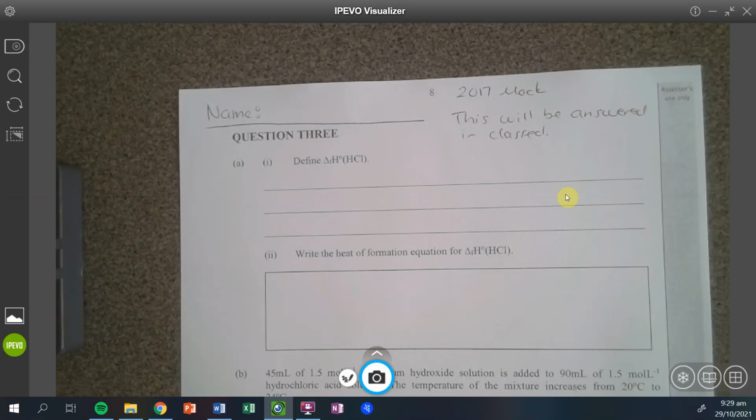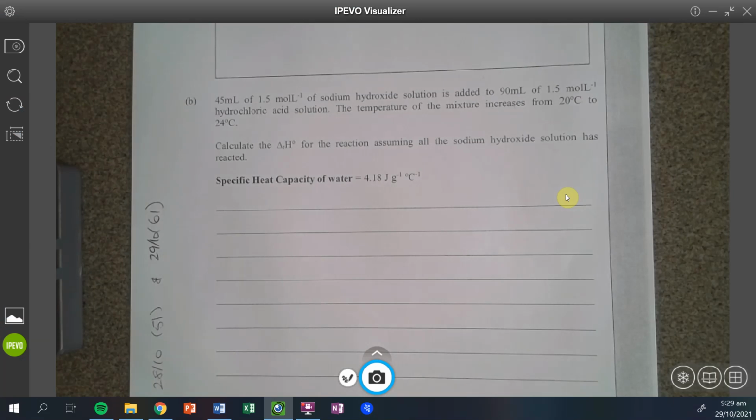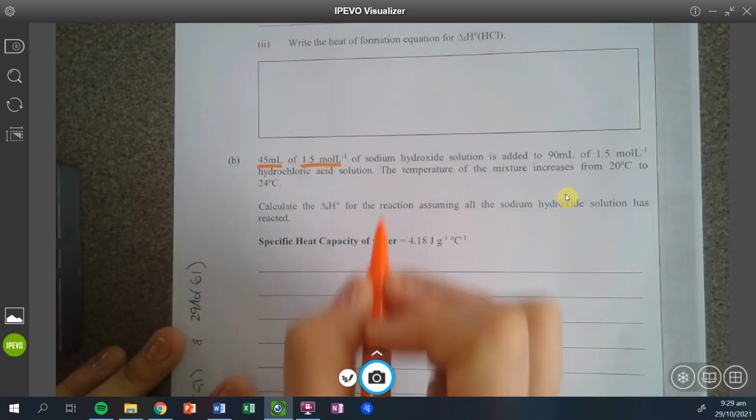Alrighty, cool. I want to take our time unpacking this question because the thing that's going to challenge a lot of people is the decoding of it and pulling the information correctly. So they've given me 45 milliliters of 1.5 mole per liter sodium hydroxide.